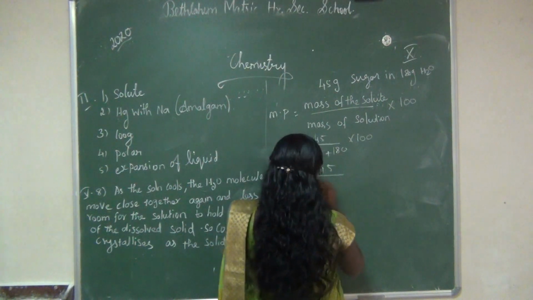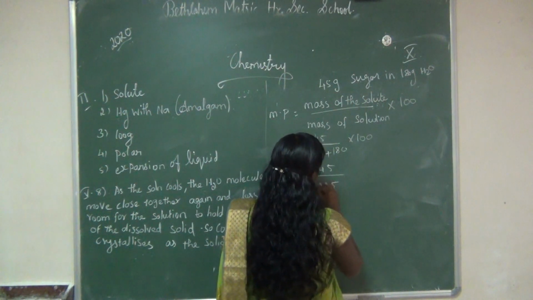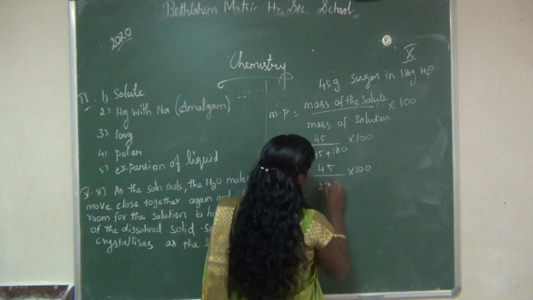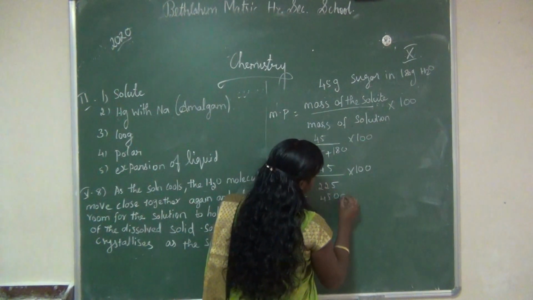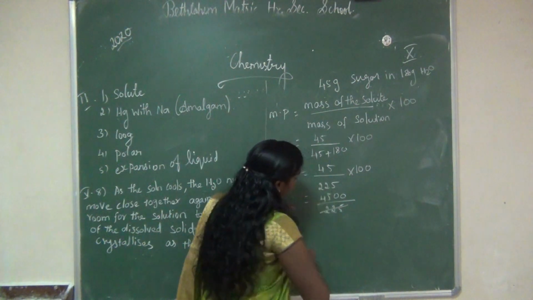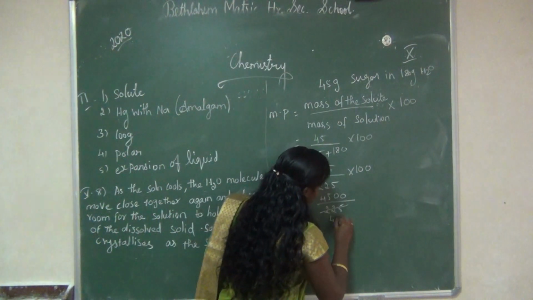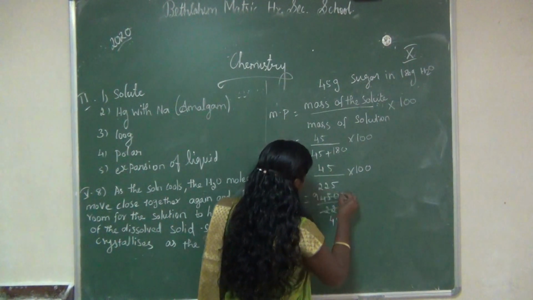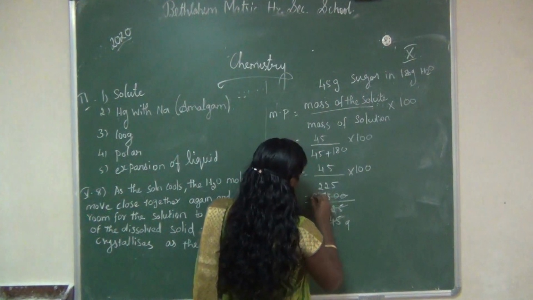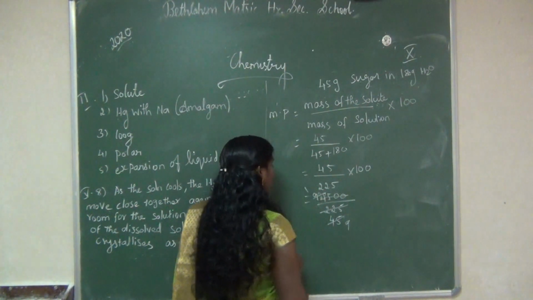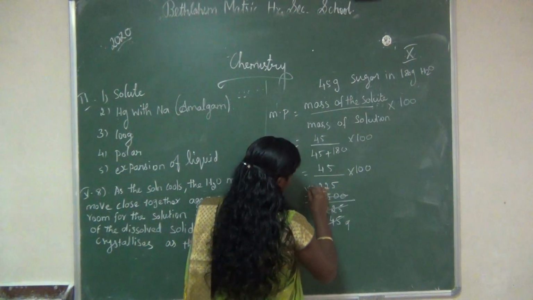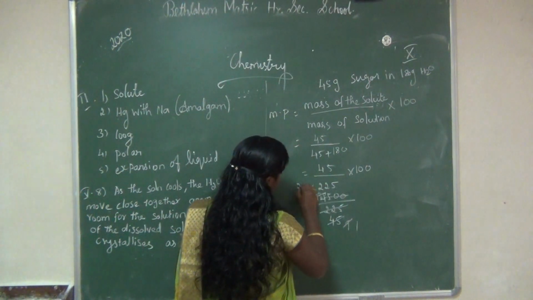So 45 divided by 225, 45 plus 180 is 225, into 100. 45 into 100 divided by 225. You can use the fifth table first. 4 5s are 20, and then 5 5s are 25.